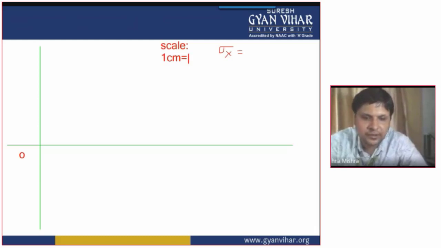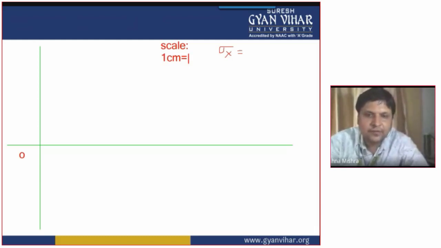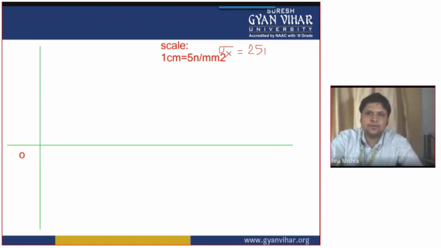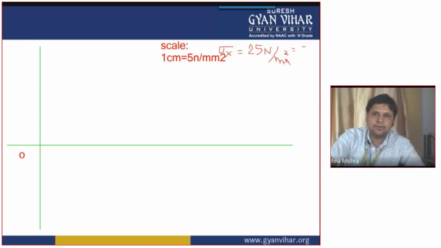If you are taking 1 centimeter equal to 5 Newton per mm square, you will have to convert the value given in the question in the same manner. If sigma x is 25 Newton per mm square, this will be 25 divided by 5, meaning you will have to draw a 5 centimeter line.